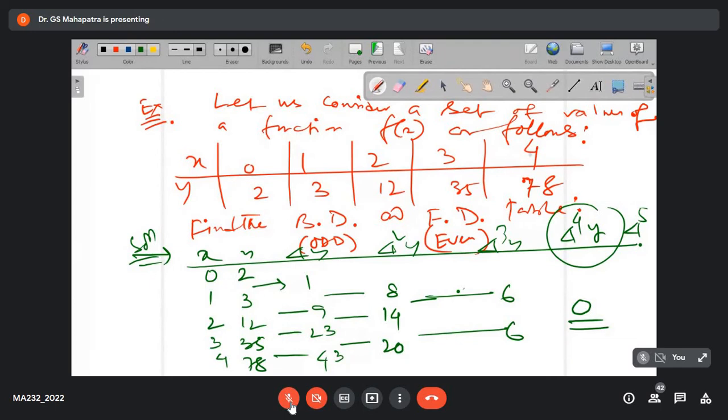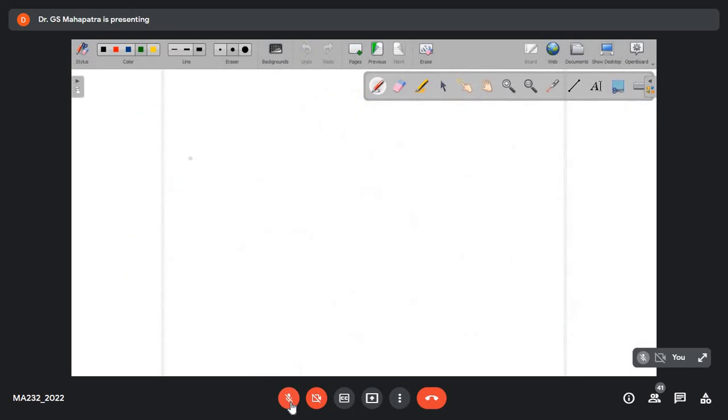So from our discussion till now, we can find the relation between the backward and forward differences. What is the relation between del and nabla?